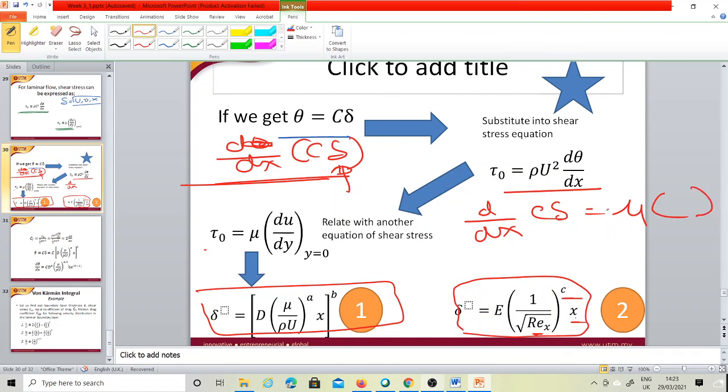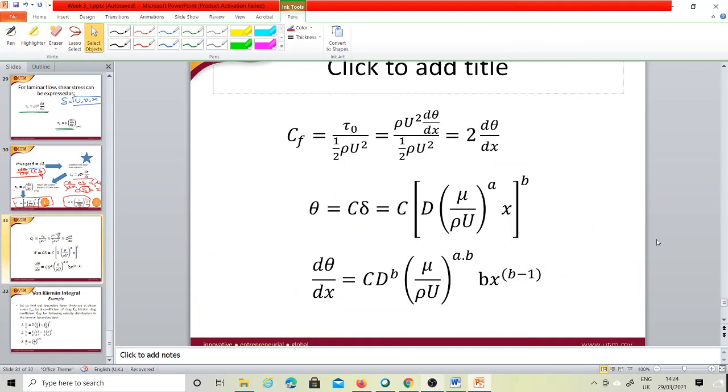Now you need to integrate the opposite side, so dx will be cancelled out, so you have C delta equal to the integral, and from there you will get delta equal to something like that. We will solve the problem, then you will understand more.